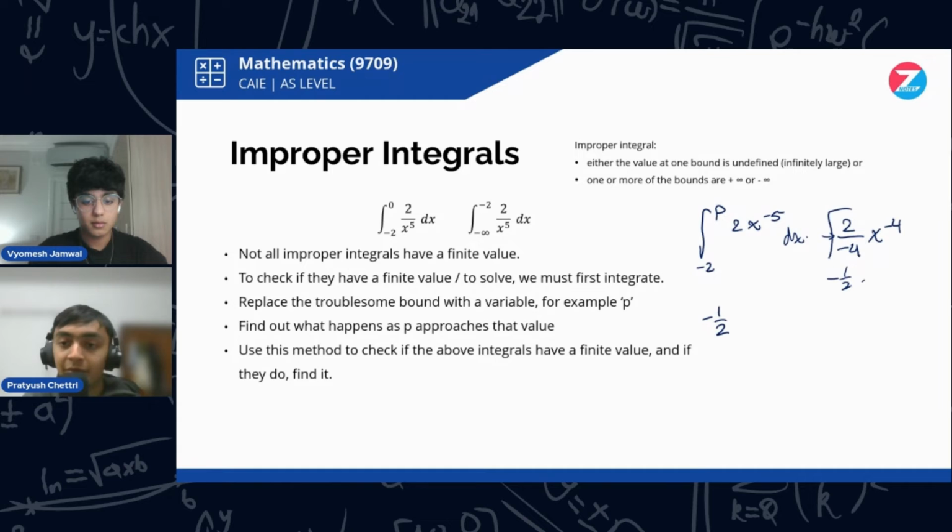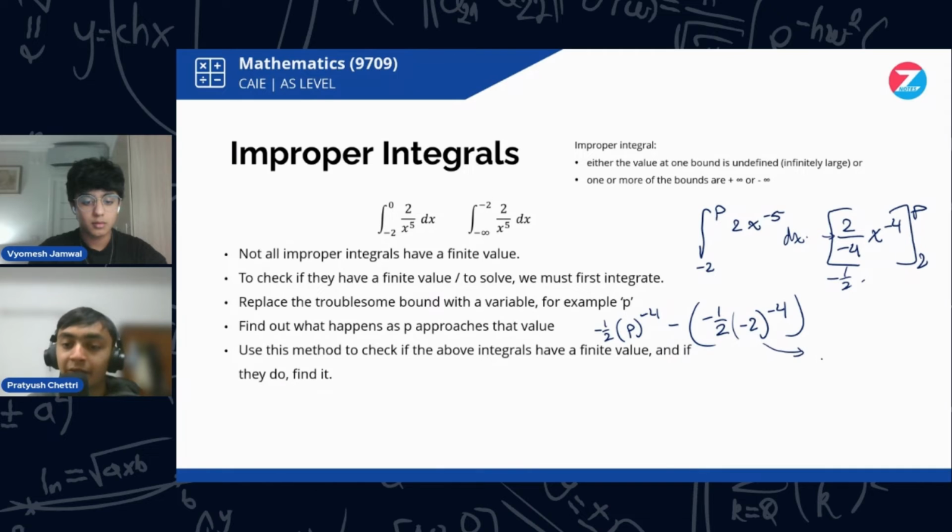And this is from limit -2 to p. So we're going to write this limit out: -1 by 2 p to the power -4 minus -1 by 2 times -2 to the power -4. Wait, upper bound is 0.